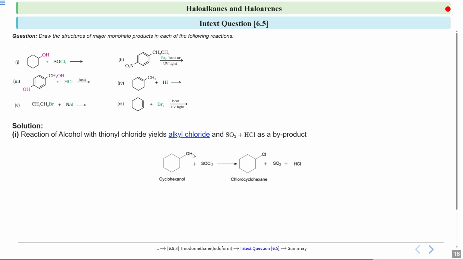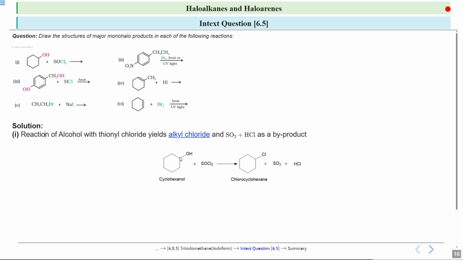So this hydrogen will also be removed, and you will get a cyclohexane where at this carbon we have OS double bond OCl attached. Now this OSOCl is a good leaving group, so it will leave from the cyclohexane ring, and you will get a carbocation at this position.